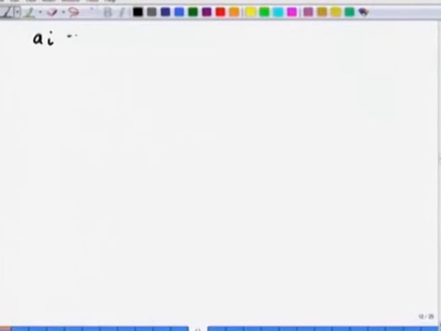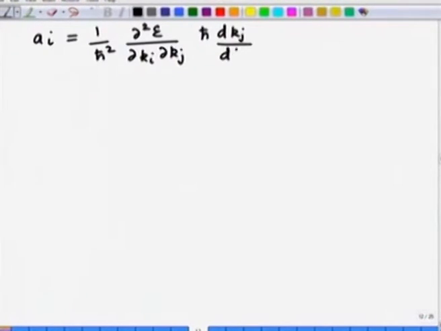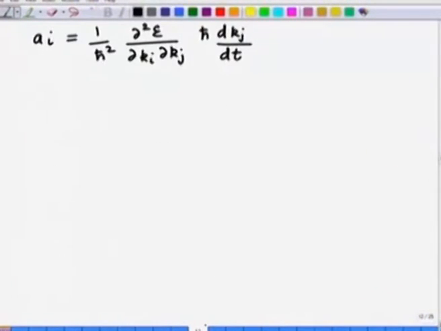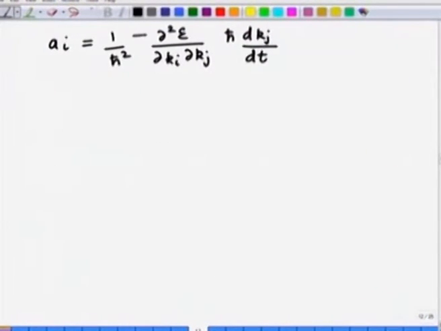So, acceleration is equal to 1 over h, in fact, I will make it 1 over h bar square del square E del ki del kj, and I will write now h bar of course dkj by dt, which is what it was. In this I have made this square, I have made this h square, and I have introduced a h bar right here. That's the only difference I've made. So therefore, of course there is a summation over j, like you can see here.